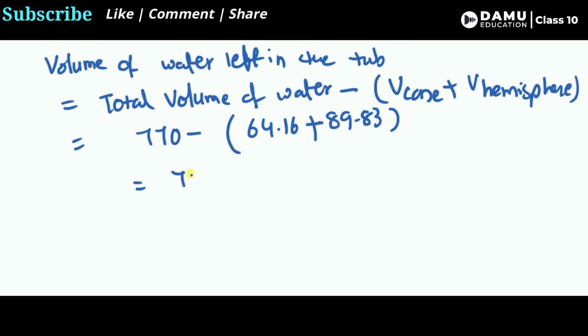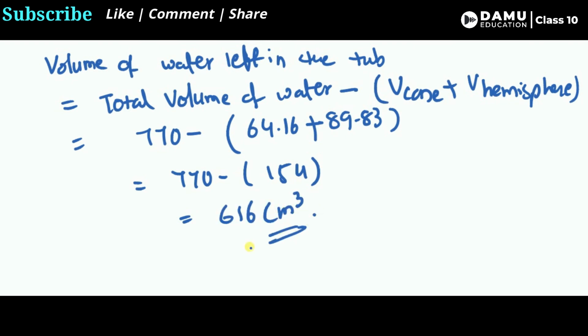So let's subtract these values. 64.16 plus 89.83 we will get as 154. So 770 minus 154 is 616 centimeter cube, that is the value.